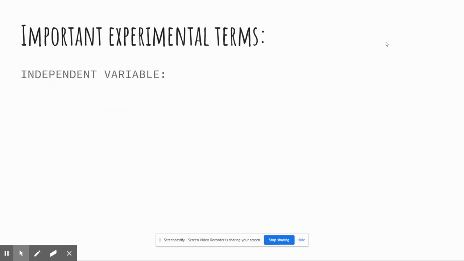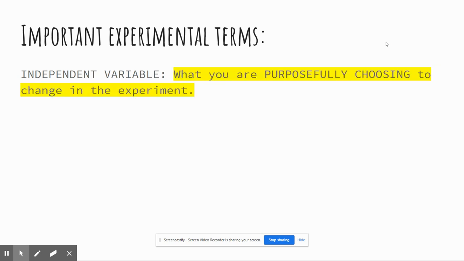So we're going to talk about independent variables first. And a trick to remember this is if you are an independent person, you're your own person, you're in charge of yourself, and you're in charge of the things around you, right? So an independent variable is what you are purposefully choosing to change in an experiment, okay?